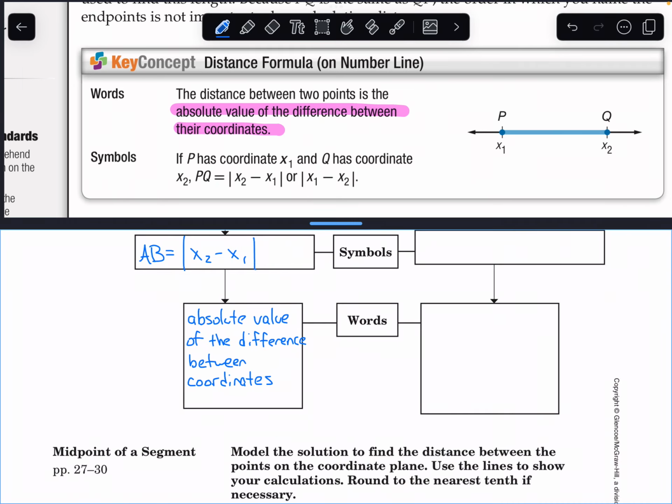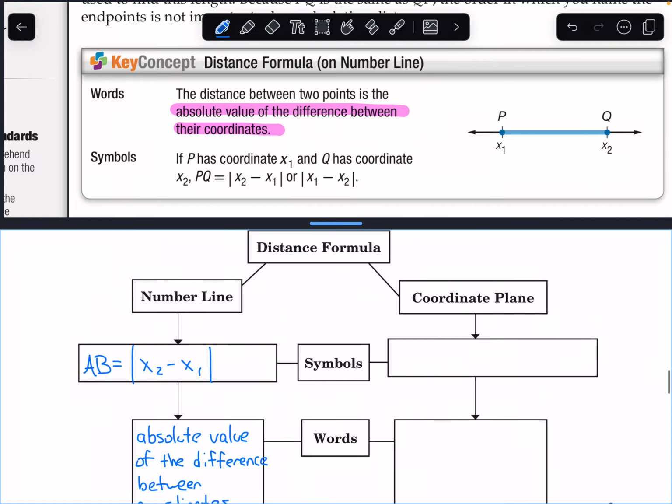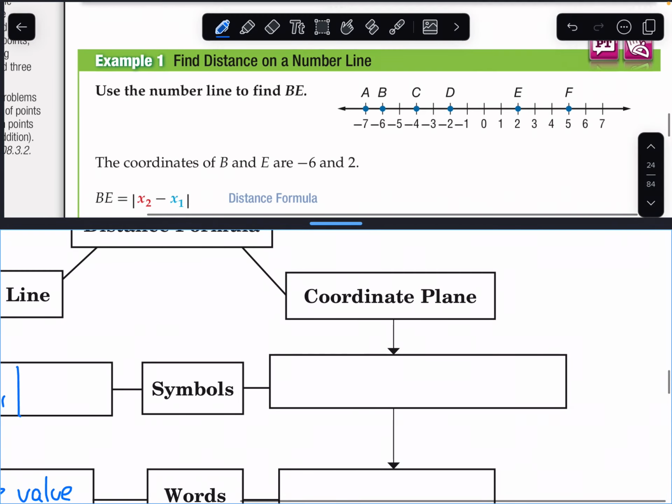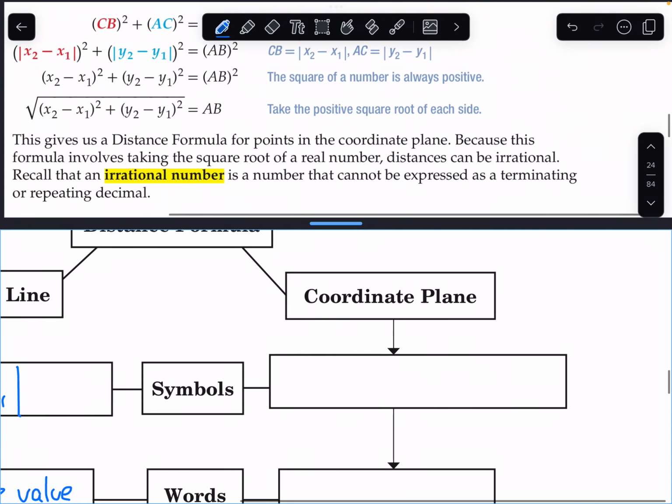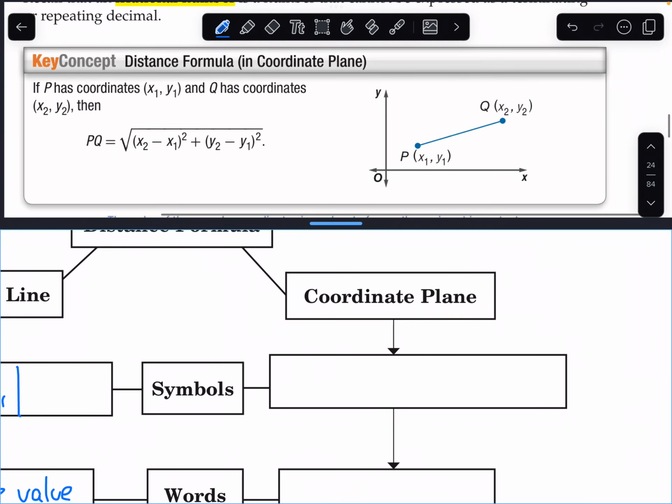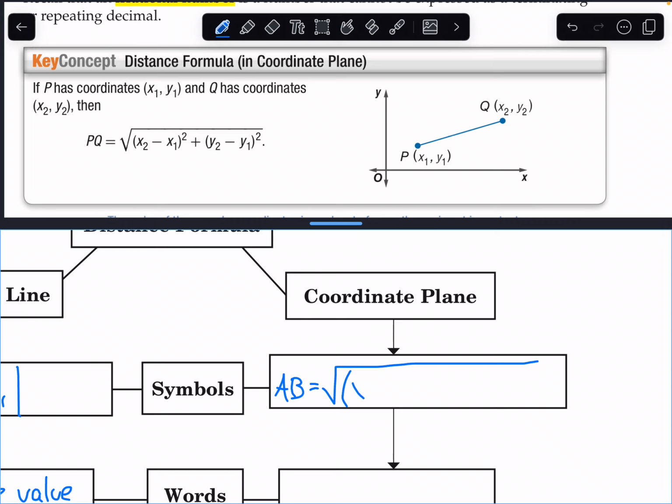And what about distance on the coordinate plane? That formula is found here. In symbols, our distance AB would be equal to the square root of quantity x2 minus x1 squared plus quantity y2 minus y1 squared.